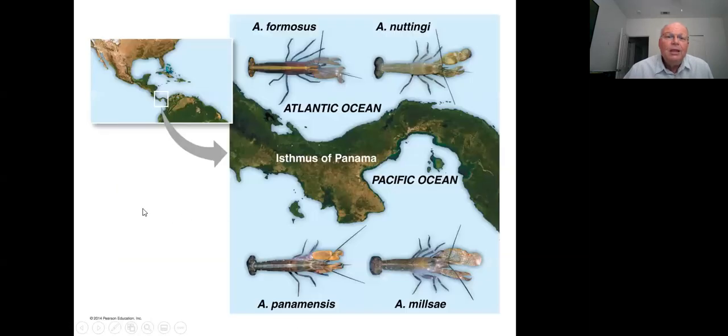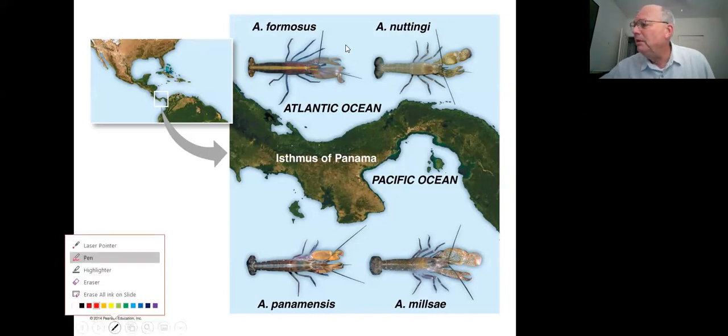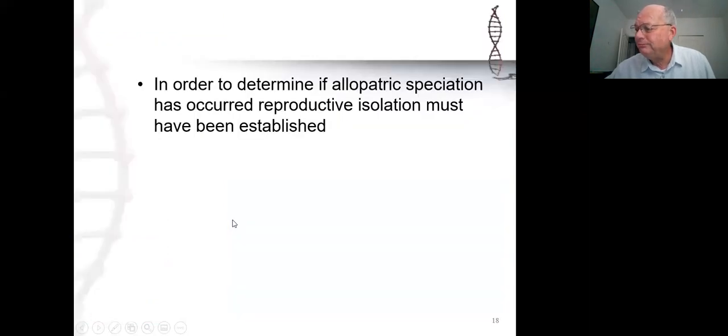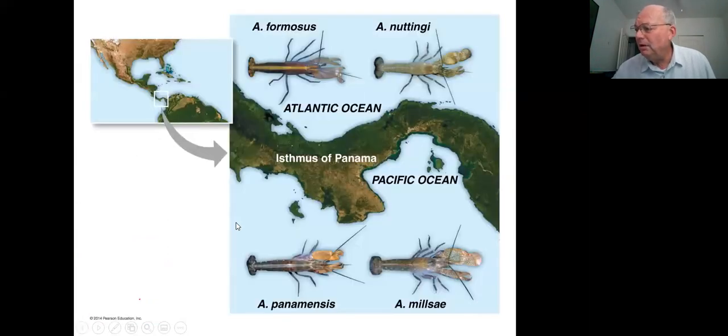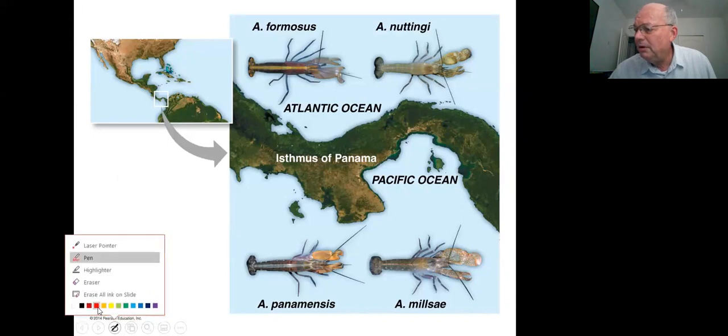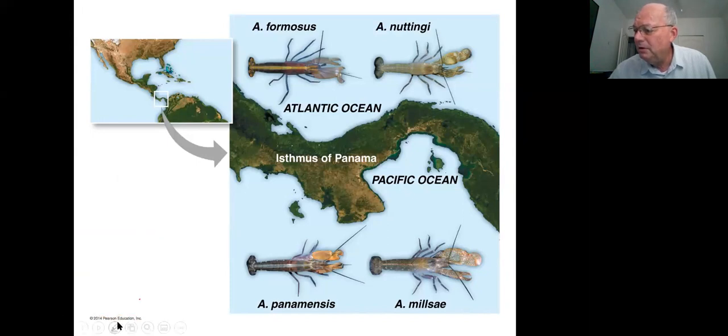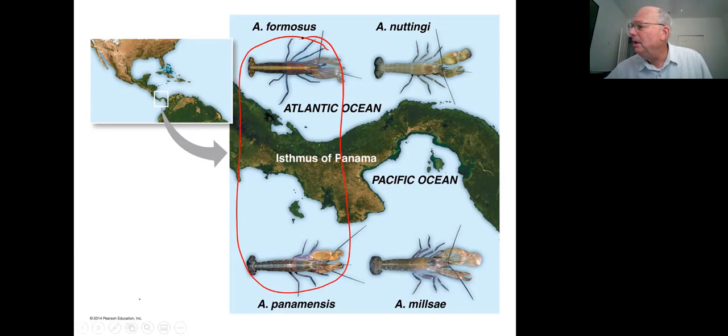Here's another example. There are two pairs of sister shrimp here. These two are a pair, and these two represent another pair of sister shrimp.